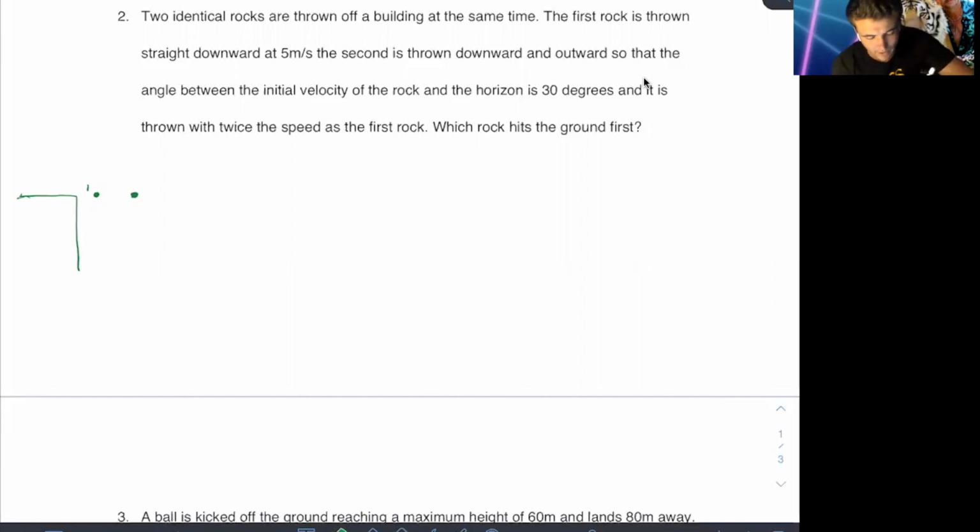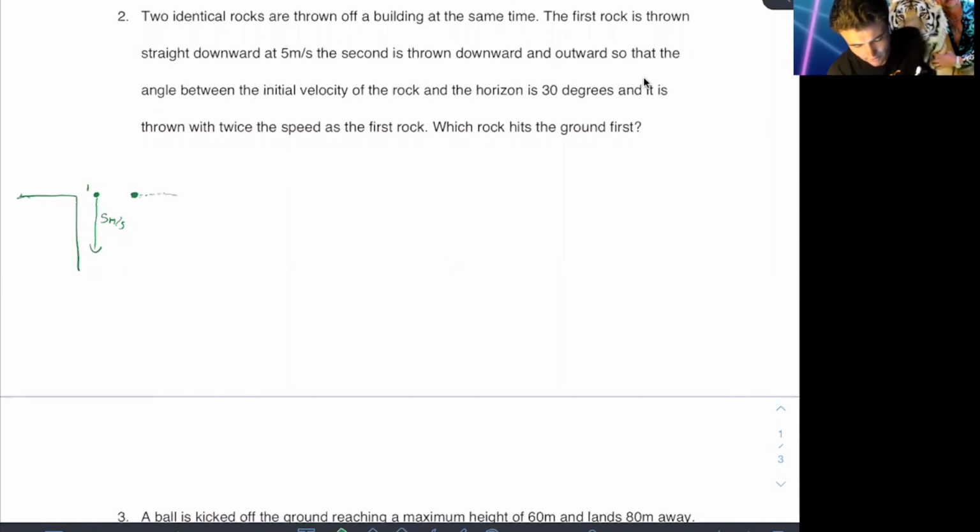One is just essentially thrown straight downward at 5 meters per second. The other one is thrown at an angle, right? So it's thrown at twice the velocity, but it's at an angle of 30, it's 30 degrees to the horizon.